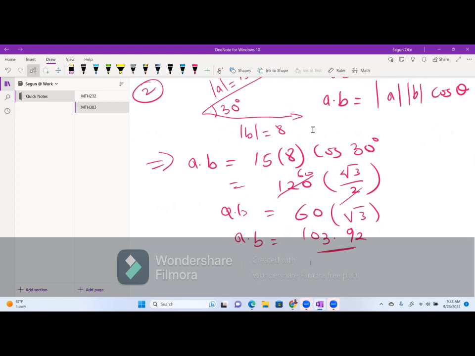They can also ask us to find the angle of a particular problem. Number 3, let's say, look at this diagram too. They can ask us to do this.